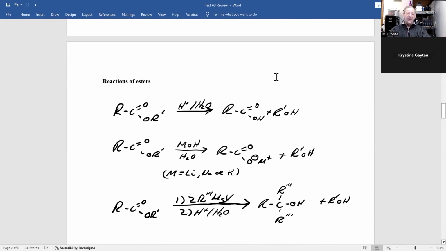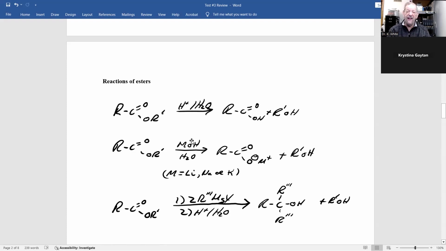Well, now that you have an ester, what can you do with it? The first one is acid hydrolysis of an ester. Acid, H plus, and water, and you react it with an ester, and you get back the carboxylic acid plus the alcohol you would have used to make that ester. And this is an important reaction.